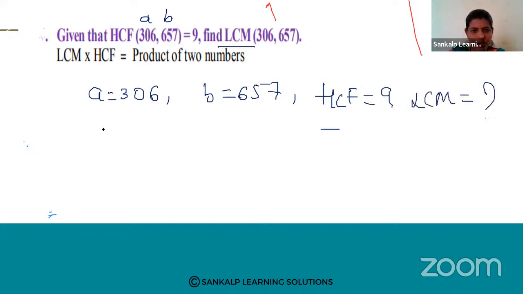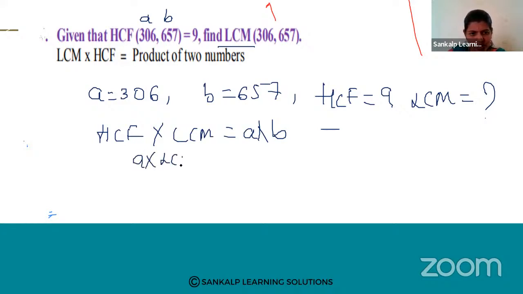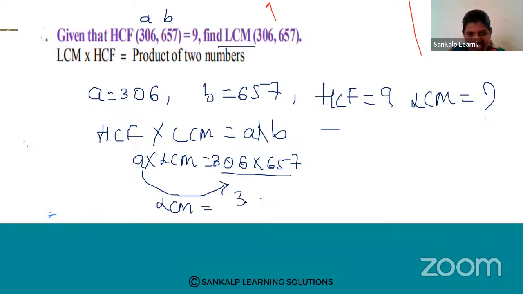Again same story. HCF into LCM is equal to A into B. 9 into LCM is 306 into 657. When you transfer this 9 to this side, LCM is equal to 306 into 657 divided by 9.